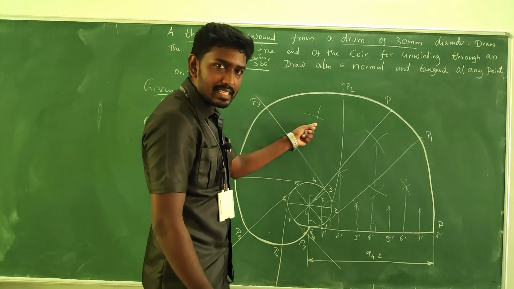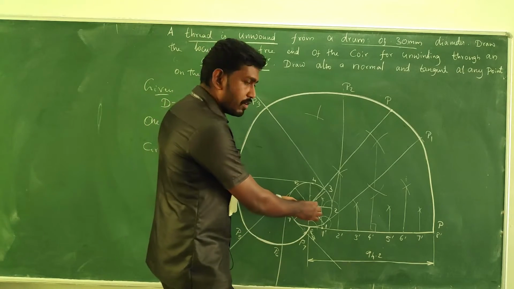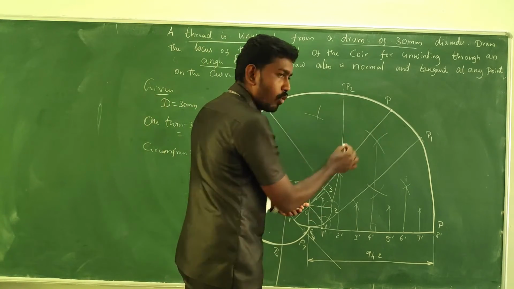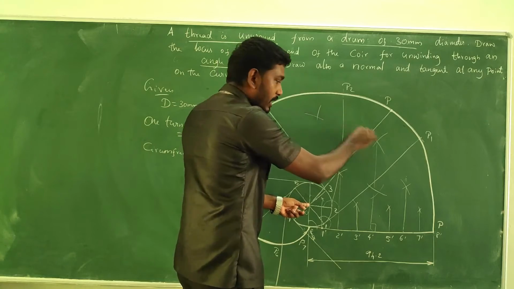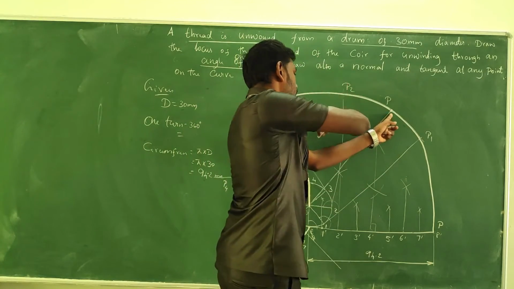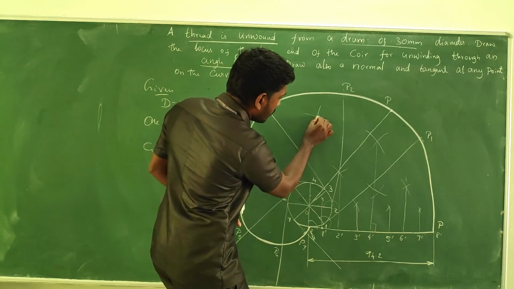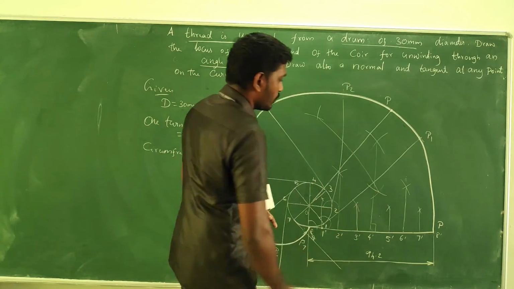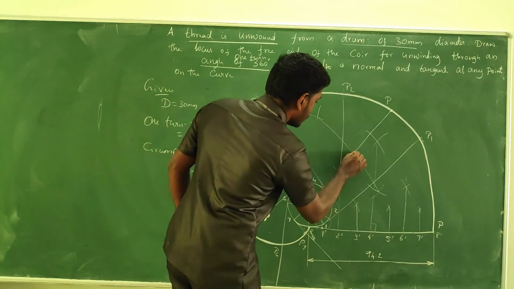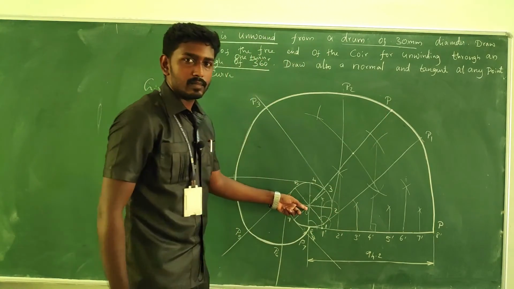So in order to find the center, what we do is take more than half of OP and make a cut mark in the upper and also the lower. From the other end, cut mark, and in the lower make a cut mark. If you join both the points, you get the center of this OP.